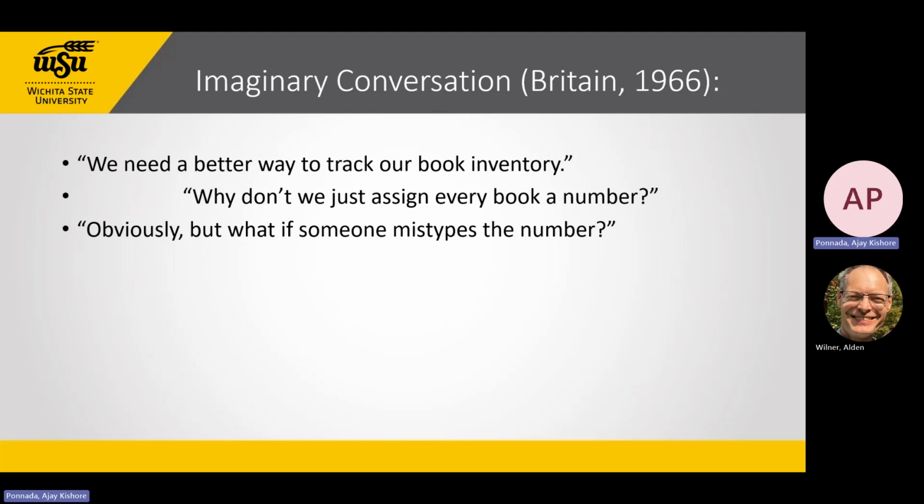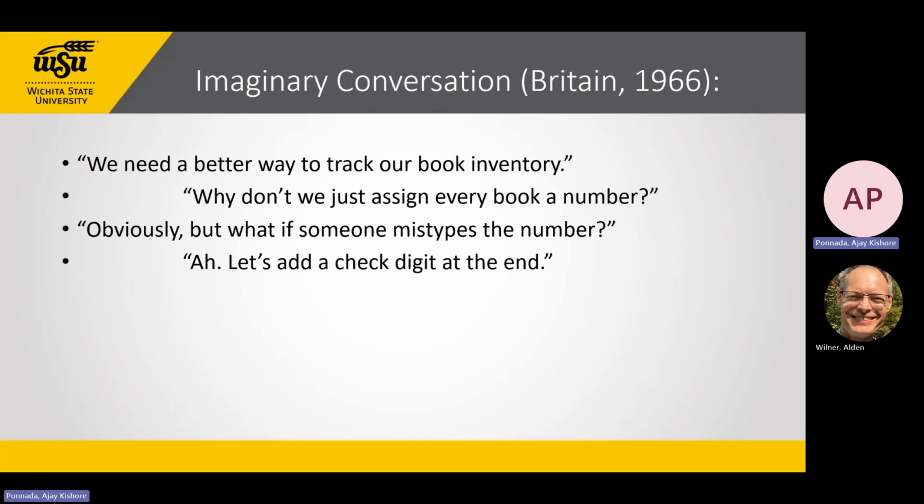Obviously, but what if someone mistypes the number? Back in those days, there were no barcode readers, so everything needed to be entered manually in 1966. So what if someone enters a digit wrong? What if someone mistypes the number? Oh, let's see.